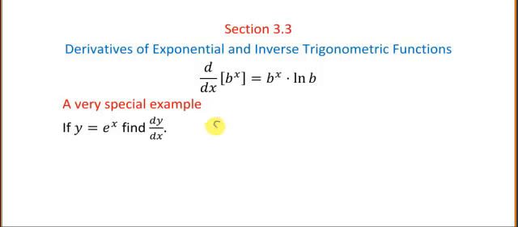If we take the derivative of this function, remember the base is e, which is roughly 2.71828. That number is irrational, so it keeps on going. Since the base is constant and the exponent is a variable, this is an exponential function, so its derivative is going to be that exponential function times the natural log of base e.